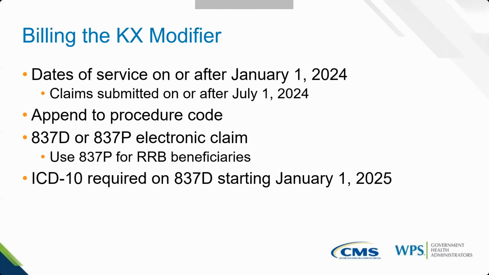So right now, claims submitted on the 837D will not reject for that reason alone, for not having a valid ICD-10 code, but that will be coming. After January 1st, 2025, they may be rejected if they don't have a valid diagnosis code.